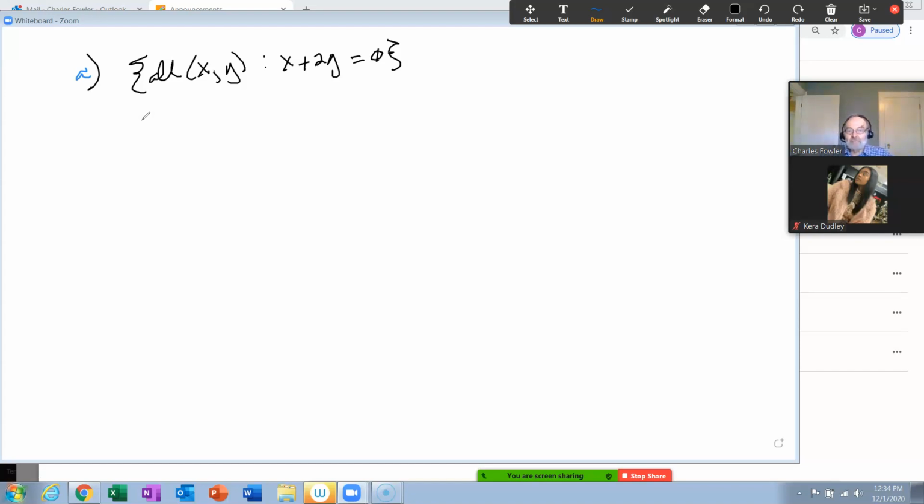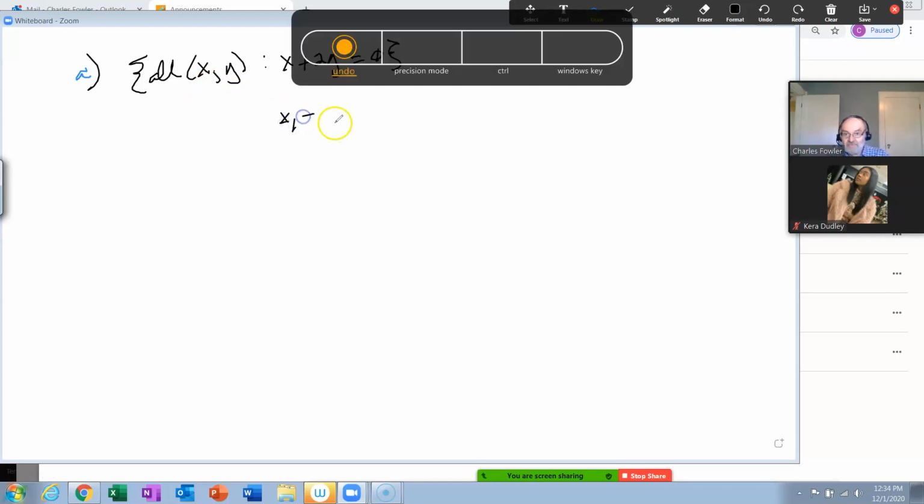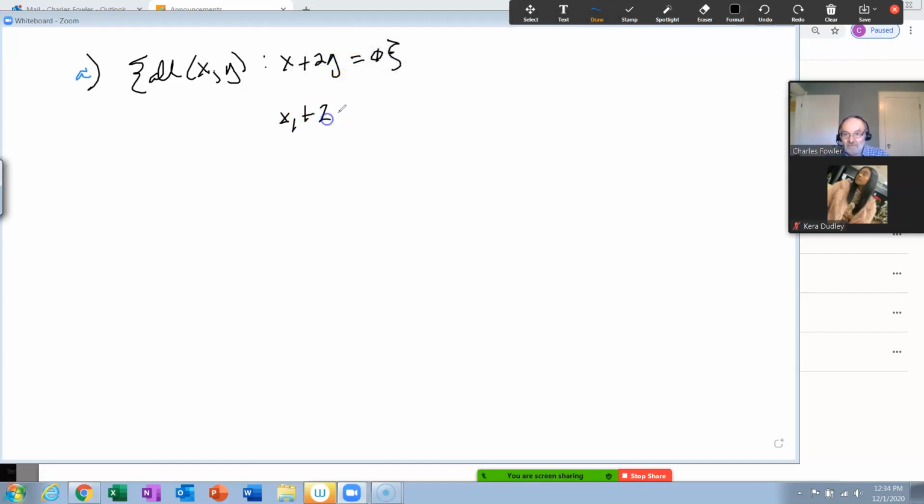Now, the first test: if you had in here one of these, x1 plus 2y1, where x1, y1 was one of those, that has to equal 0. And another point in there, x2 plus 2y2, that's also equal to 0.